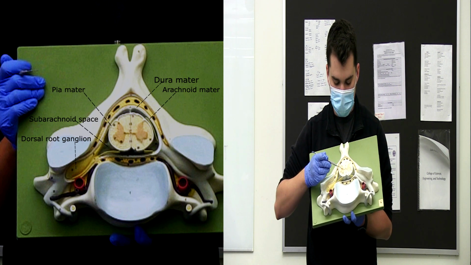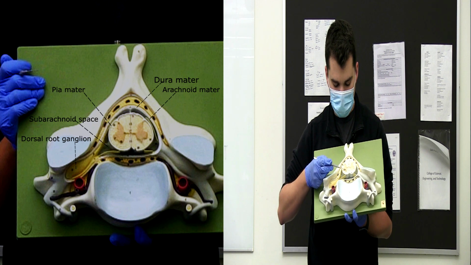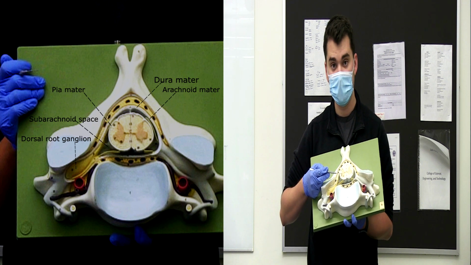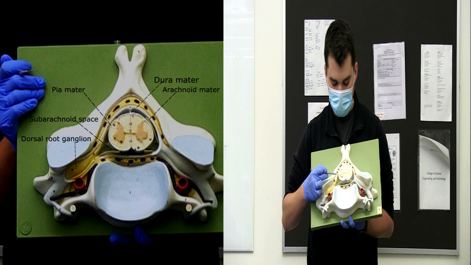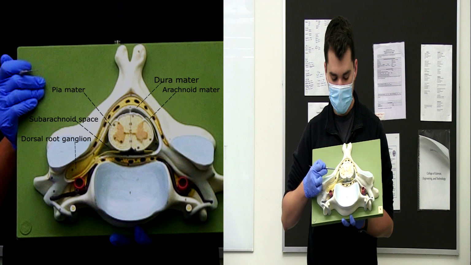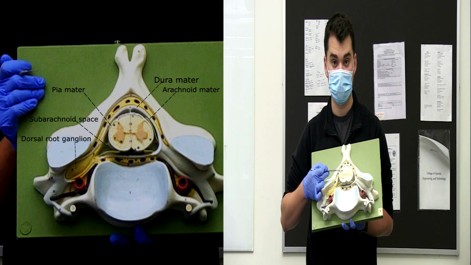On either side, you have what looks almost like butterfly wings. These are your gray columns, the gray matter columns in the spinal cord. You have a ventral column, a lateral column, and a dorsal column.